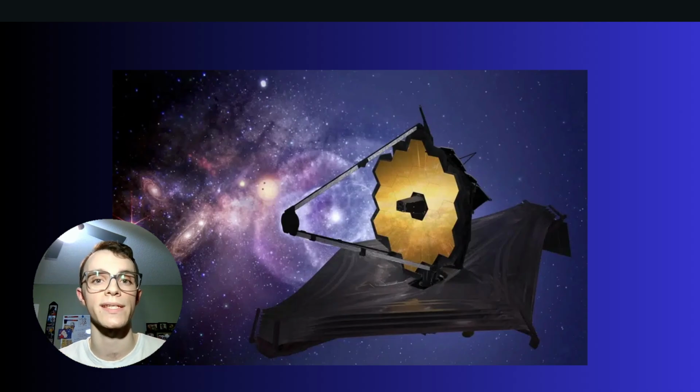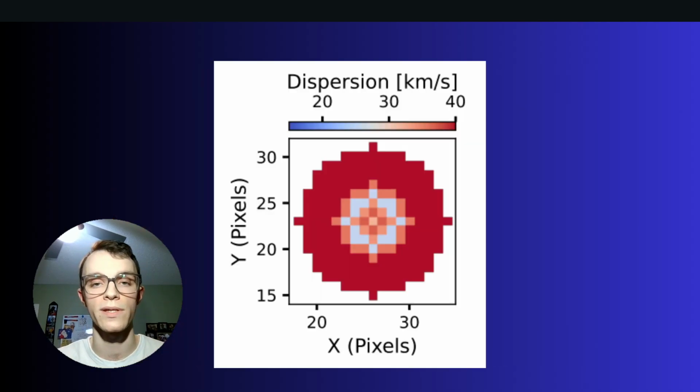With NIRSpec plus IFU, you get a spectrum for each individual pixel. You can apply the technique that I just described to get the velocity dispersion of the spectrum from that pixel, and then you can create what's called a velocity dispersion map like this, which shows the exact same trend that we just saw from the previous figure. The stars further away from the center are moving a little bit faster.